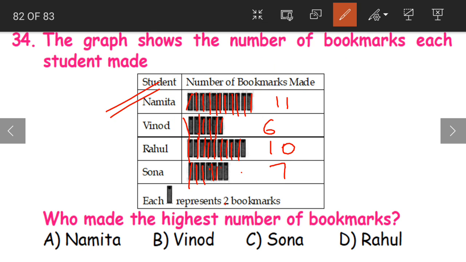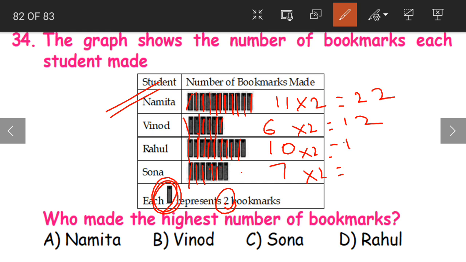If you want, as each picture represents 2 bookmarks, you can multiply them by 2 and then check your answer. 11 twos are 22, 6 twos are 12, 10 twos are 20, 7 twos are 14. See, either ways, our Namita has made the highest number of bookmarks.